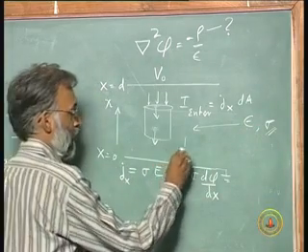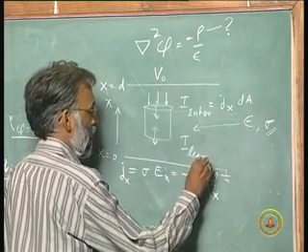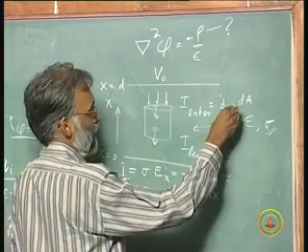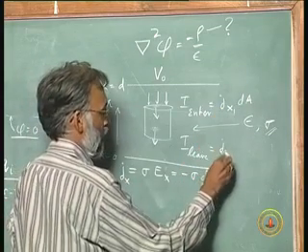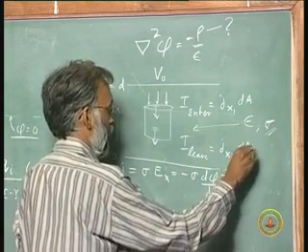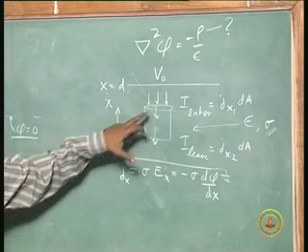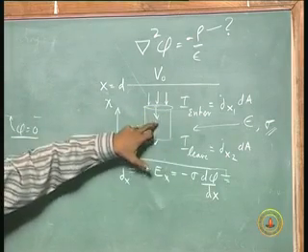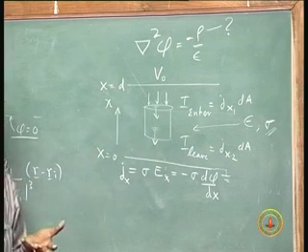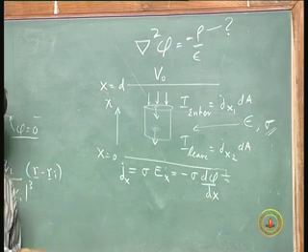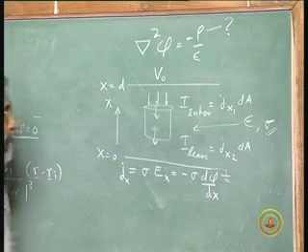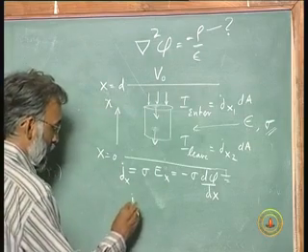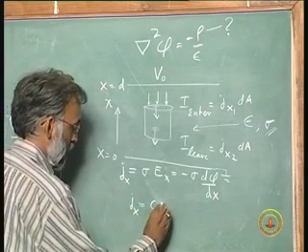The current leaving is equal to, so I will call this Jx1, Jx2 dA. Now, if the current entering and the current leaving are not equal, it means charge is slowly accumulating, but that cannot happen in a DC problem, and therefore, I must have Jx is equal to constant.